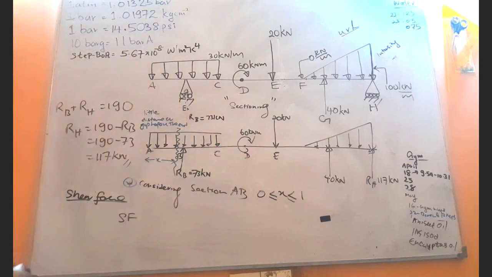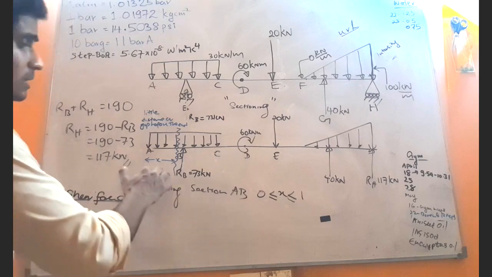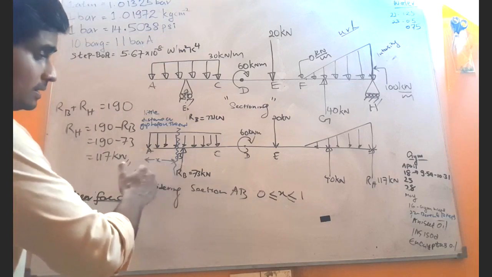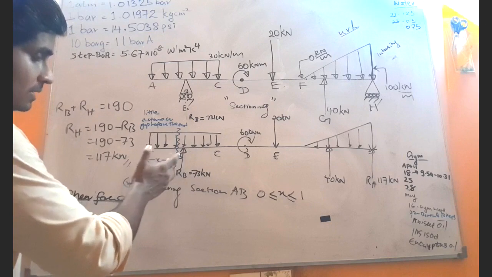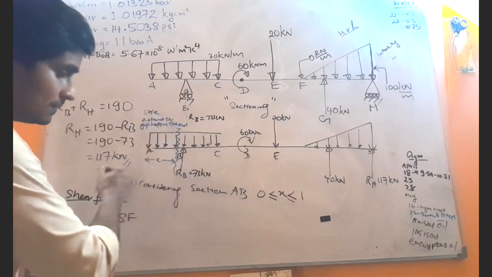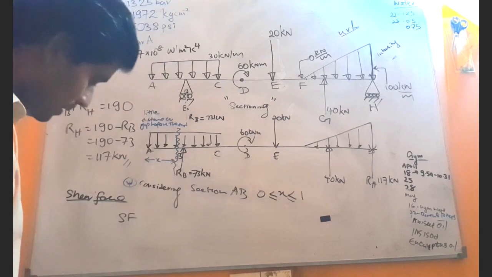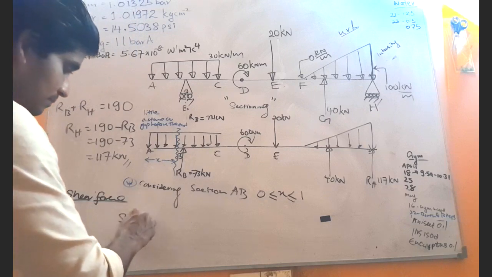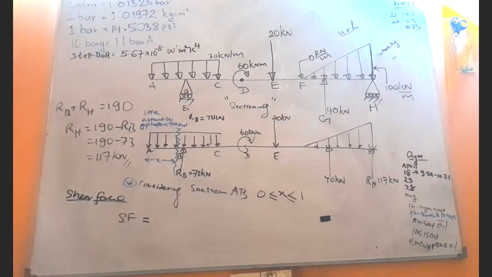Now we are going to consider only this section where we stop the section, where we cut the beam a little bit before the end. So what are the forces? Do we have this reaction RB? No. Why?